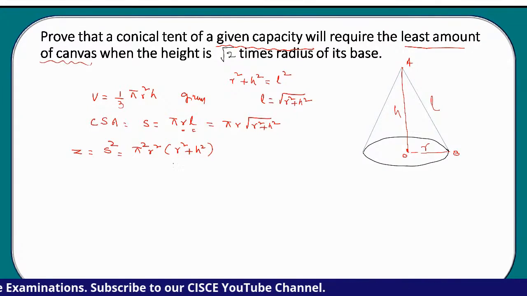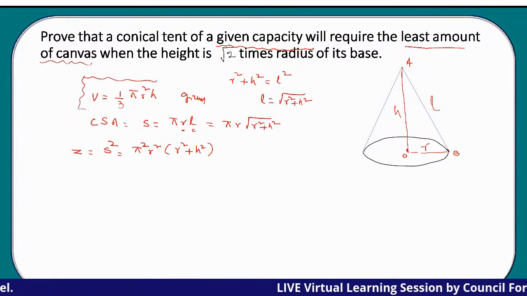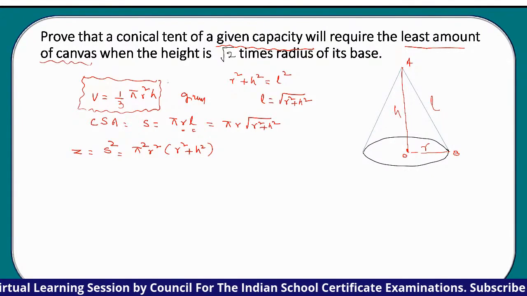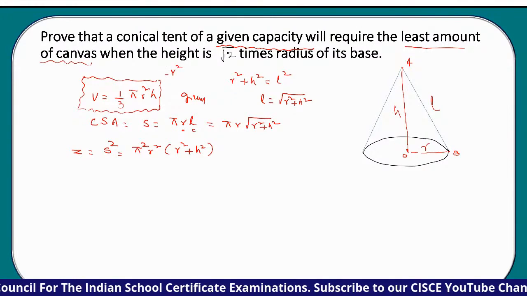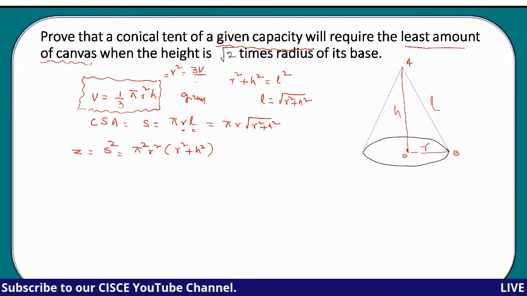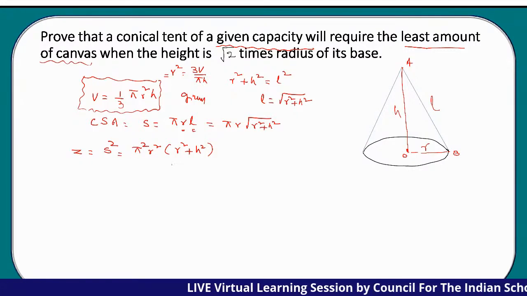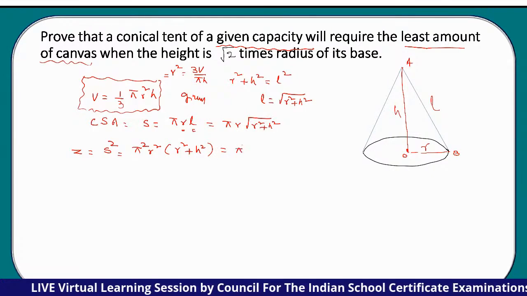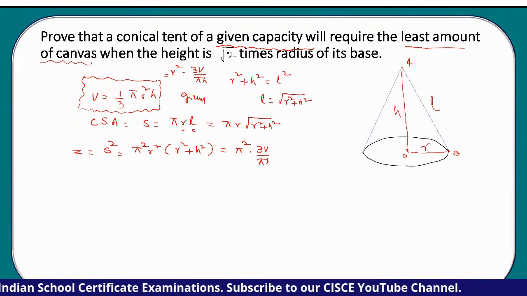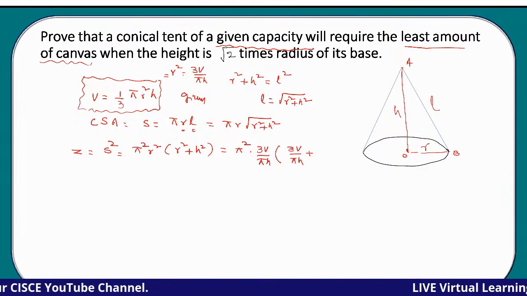There are two variables R and H. We know one more relation given here, volume V is equal to 1/3 pi R square H. With the help of this relation, we can say R square is equal to 3V by pi H. If you substitute 3V by pi H in pi square R square, that is pi square into 3V by pi H into 3V by pi H plus H square.